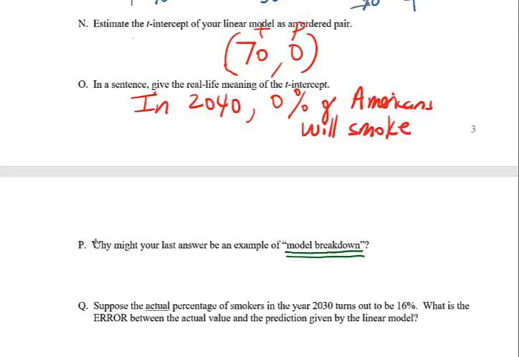And of course, the simple answer is, even though it does seem like fewer Americans have been smoking over the last several years, we would have to wonder if we'll reach a point where no one will smoke. It's unlikely, we can say, that no one will smoke.